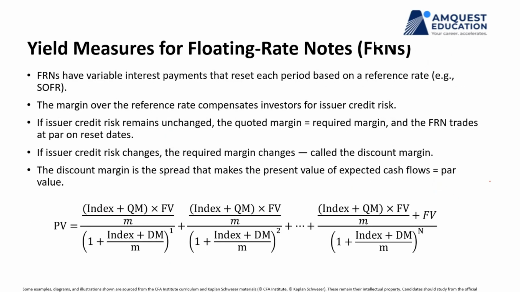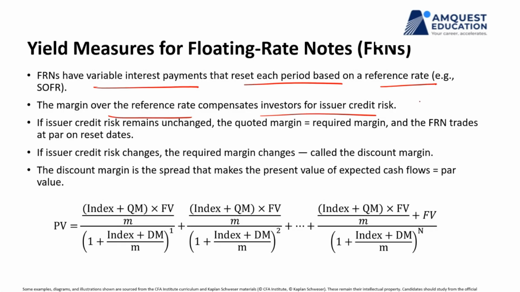Now, with this background in place, we would like to understand the yield measures for floating rate notes. Along with this, there are other parameters like forward rates that we need to consider. But floating rate notes have variable interest payments that reset each period based on a reference rate, and the margin over the reference rate compensates investors for the issuer risk, right?